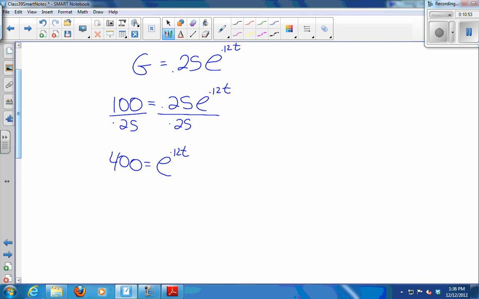What do you turn to get variables out of exponents? What tool do we have? Logs. You can use any base, but I tend to always use ln. And when it's base e, it makes it even easier. So I'm going to take the ln of both sides. The ln of 400 equals the ln of e to the 0.12t.